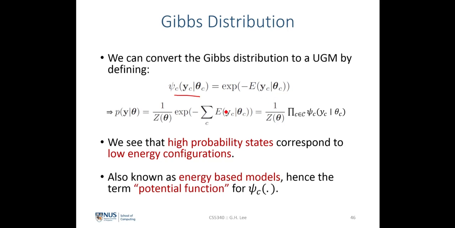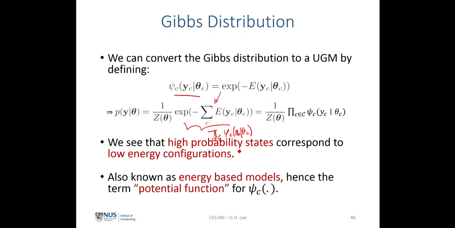And this can be directly plugged into the original joint distribution, where this term is originally the multiplication of all the cliques in the graph of the potential function of each clique that is parameterized by the random variables in that clique conditioned upon C.